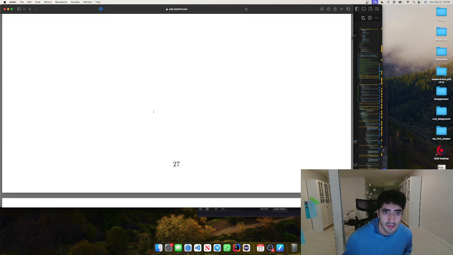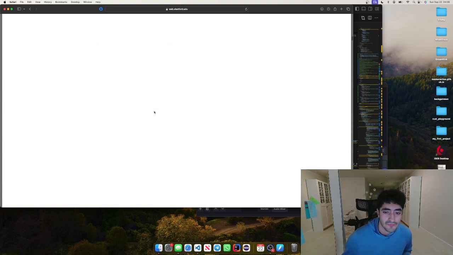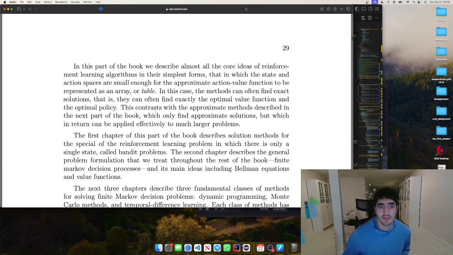Alright, so tabular solution methods. Let's go over this. In this part of the book, we describe almost all the core ideas of reinforcement learning algorithms in their simplest forms, in which the state and action spaces are small enough for the approximate action value function to be represented as an array or table.